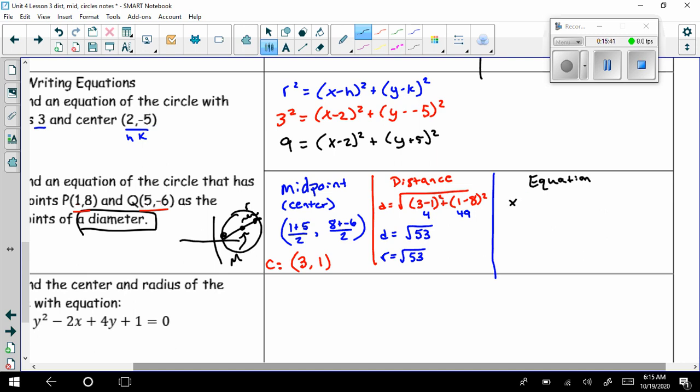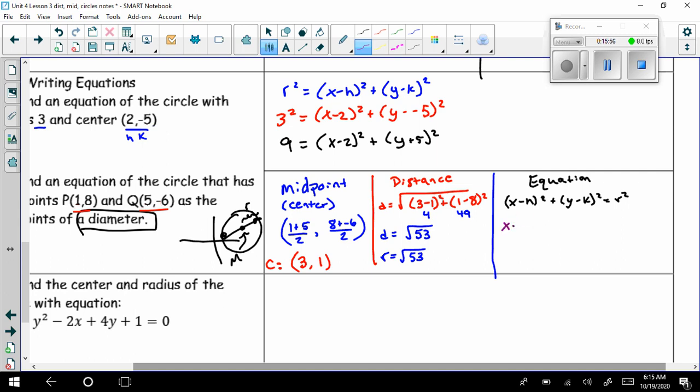So we have x minus h quantity squared plus y minus k quantity squared is equal to r squared. We're going to leave that r in radical form so that when we plug it out, it works out nicely.